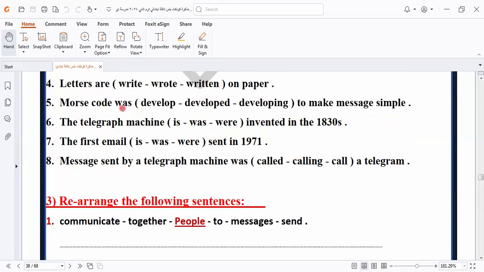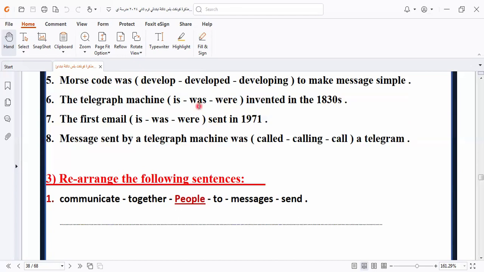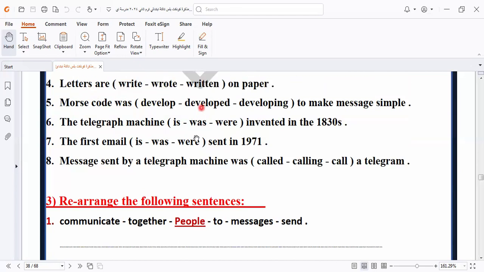Morse code was developed. The telegraph machine was invented. As we told you, this sentence is in the previous page. Was invented means it was invented and ended, so I talk about something in the past.